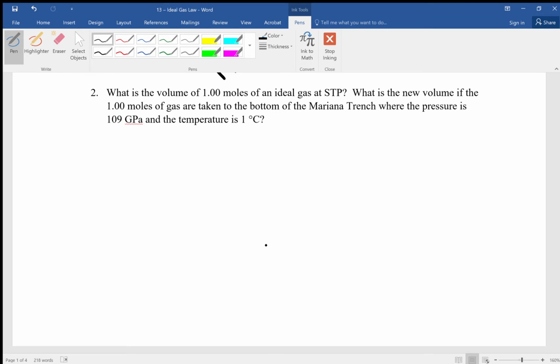So our next question has two parts. In both cases, we're looking at 1 mole of an ideal gas. In the first case, we want to find the volume at STP.